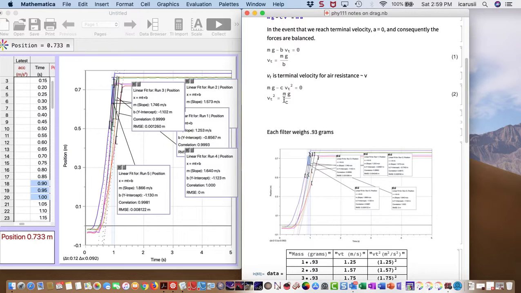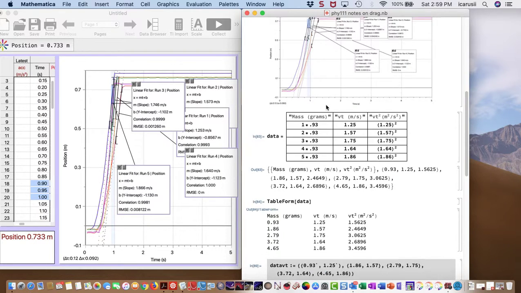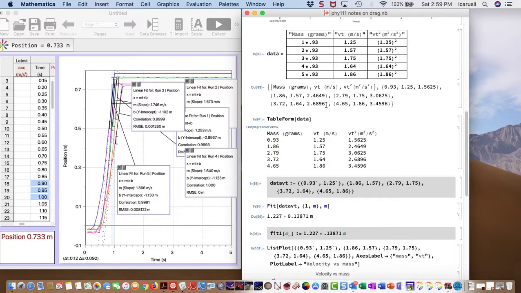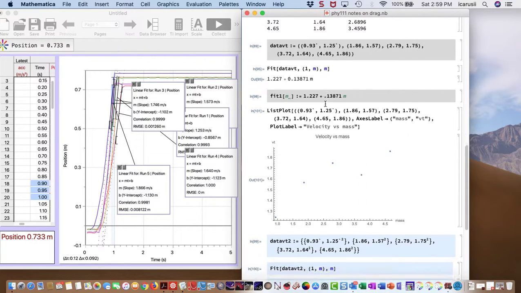So this is drag, and again, it's a resistive force. It acts against motion. So if the filter is falling downward, the air resistance is acting upward, and it actually buoys the object up. So hopefully this lab will make some sense to you.